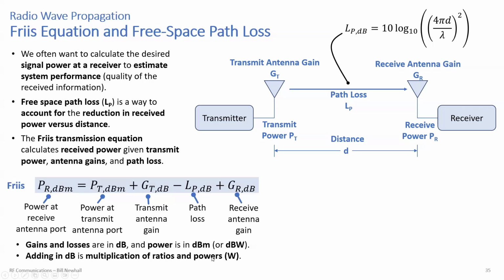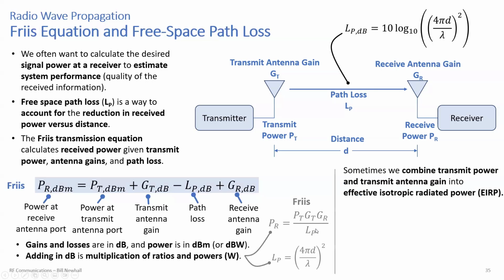It's a little easier than doing the multiplication in your head, but we often work in dBm or dB watts and dB units. If you look at the Friis equation as products and a fraction, a divide, then PR is PT GT GR over LP, if you don't use dB units, and path loss is 4 pi d over lambda quantity squared.